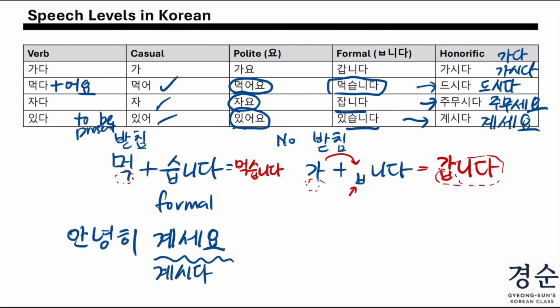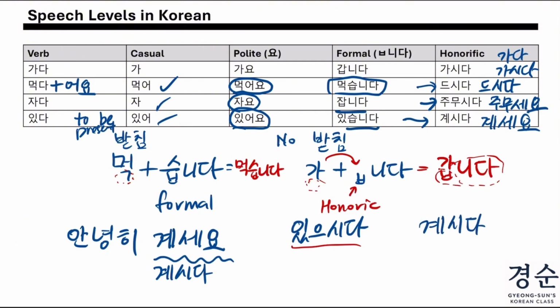Okay? So some of you might be wondering, why is it changed to 계시다 instead of 있으시다? And for your information, there is the word 있으시다, but they are totally different meaning. Okay? And this is also honorific, and 계시다 is also honorific.